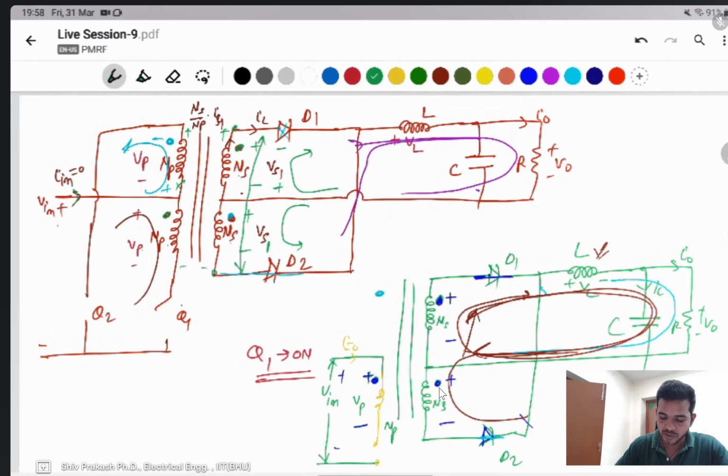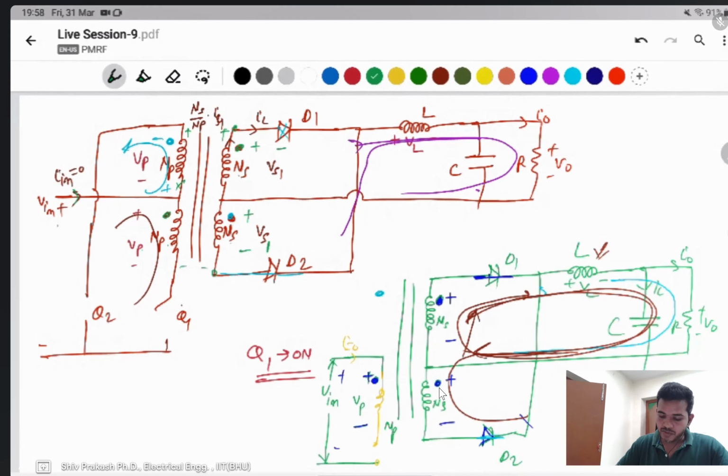Here also the number of turns is the same, and current will flow equally through both secondary windings. Then you can apply KVL here like that: minus V plus VS1, minus plus VS2 will cancel out, then the whole voltage will be 0 in that condition.